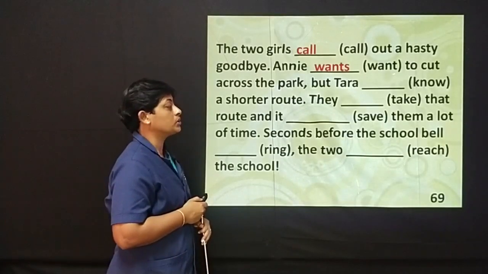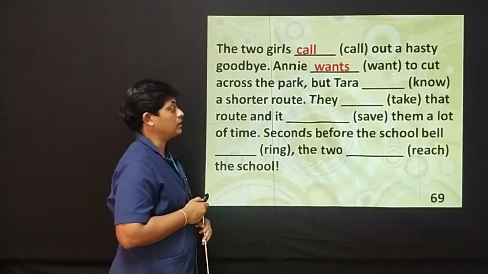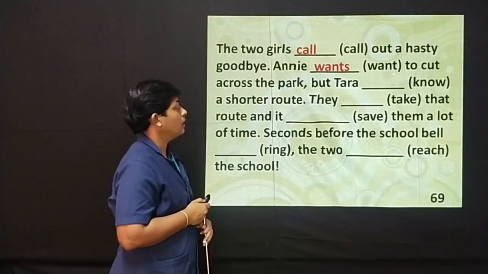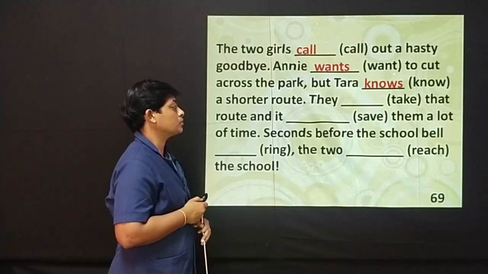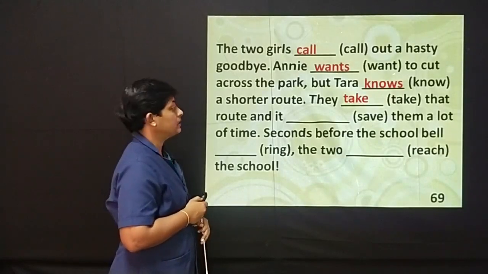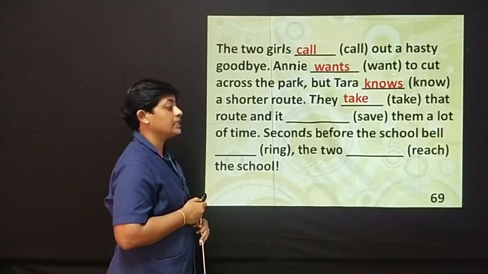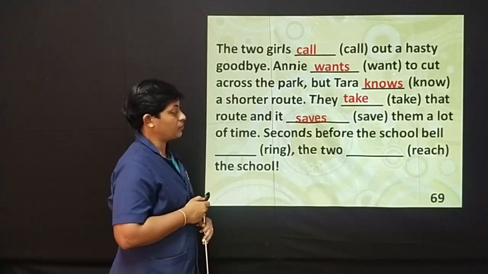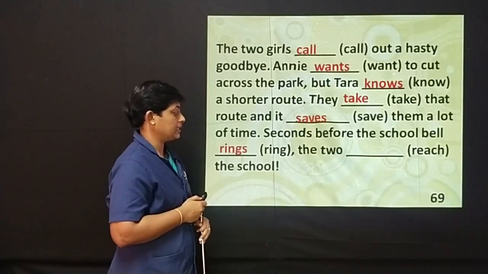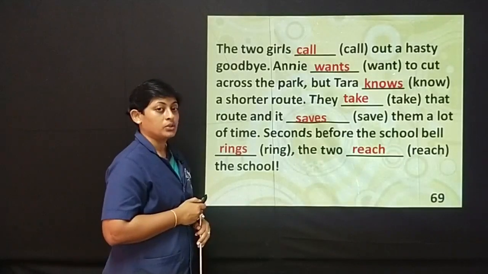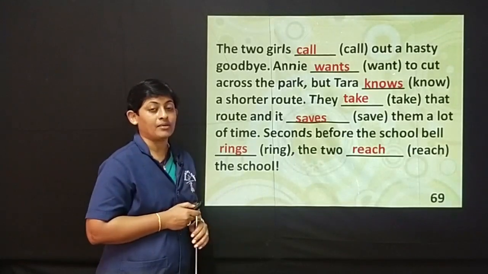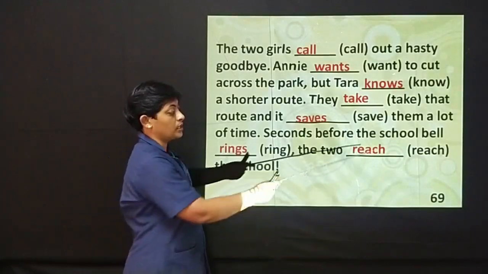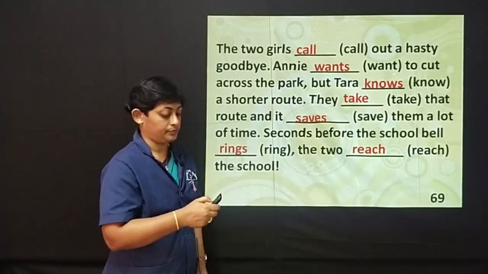Annie wants to cut across the park, but Tara knows a shorter route. They take that route and it saves them a lot of time. Seconds before the school bell rings, the two reach the school. So in this entire exercise, I have made use of the simple present tense of the verbs given in the brackets.